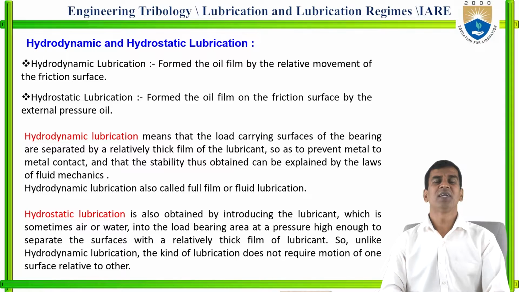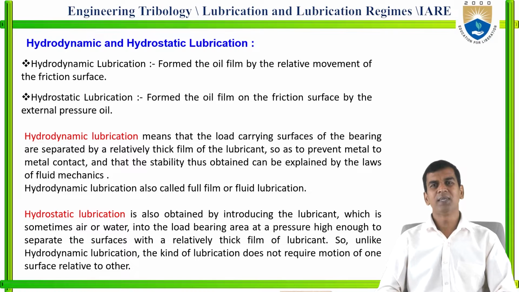The lubricant is supplied between the surfaces with the help of pressure. Mostly it will be in liquid form, not semi-liquid form like grease, in the form of a liquid like water or oil. Relative motion is not required because we are pressurizing the liquid between the surfaces.